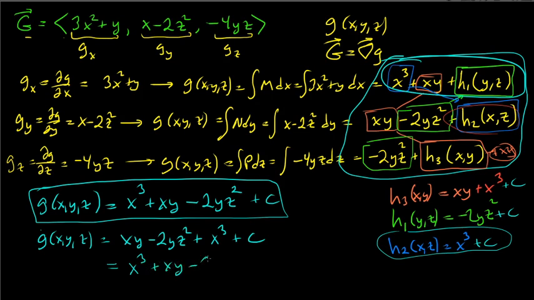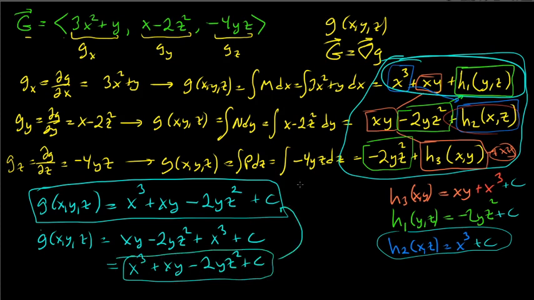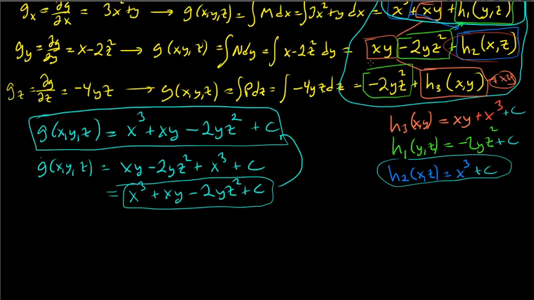You can always change the order. And now it looks exactly like this. And if that's still not good enough, you can take the third row and use that as your potential function. The point is, it shouldn't matter. You should get the same thing for all three.